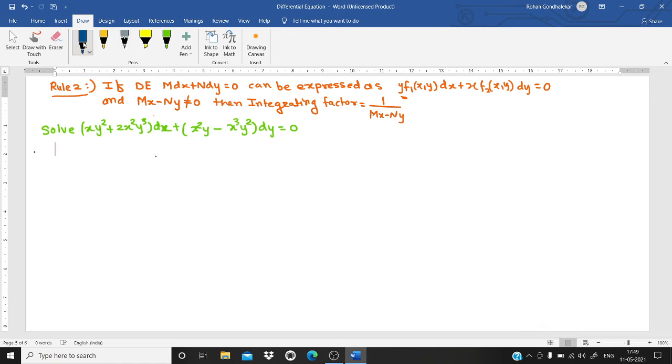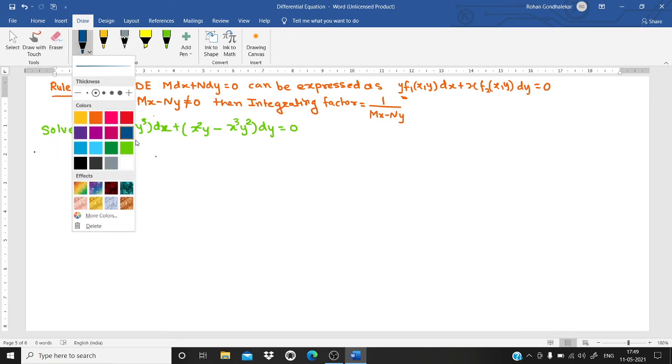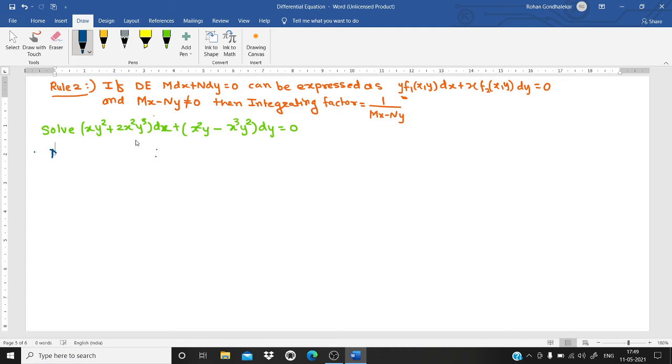Okay, we check whether the given differential equation is exact or not. So for that, what is m? The m is x y square plus 2x square y cube, and n is x square y minus x cube y square. Fine. So the partial derivative of m with respect to y is equal to, in the first term y square term is present, so the derivative is 2y, so we get 2xy.